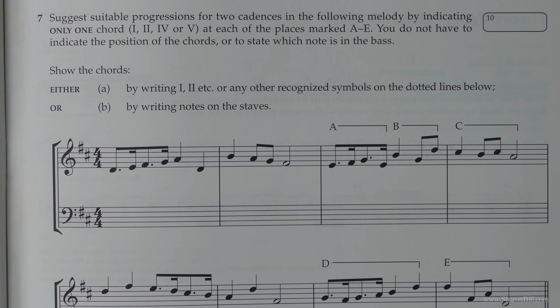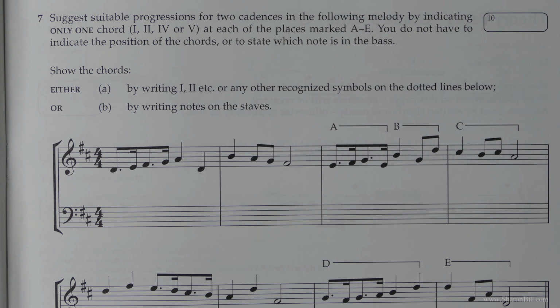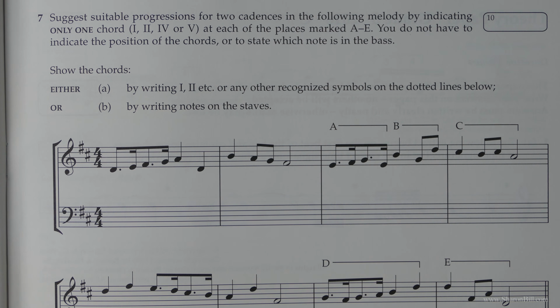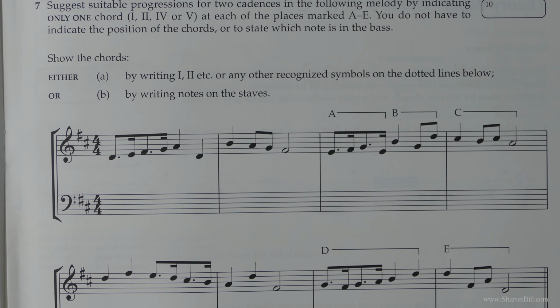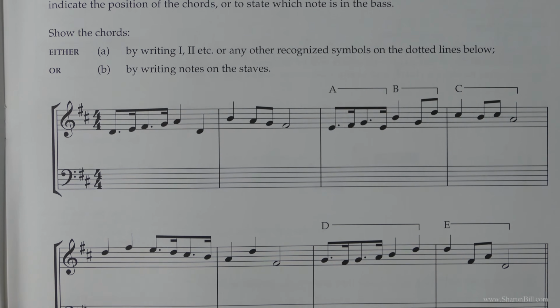And so we've just got to choose some suitable chords to make progressions which will be a recognised cadence. So you need to be sure that you know your cadences, your perfect cadence, your plagal cadence and the imperfect cadence as well. But before we can do any of that, we need to find out what key we're in.